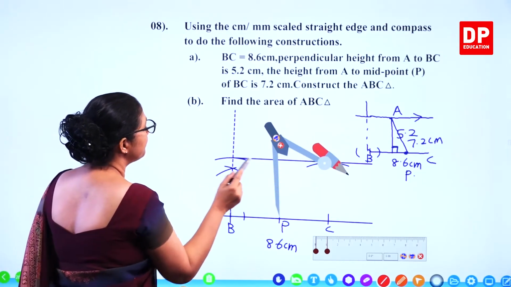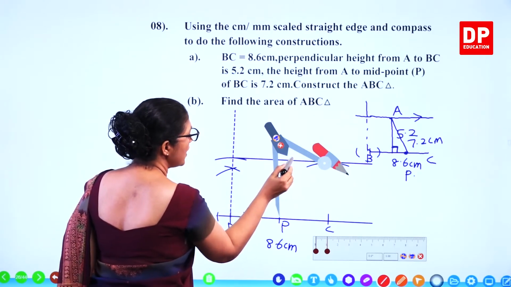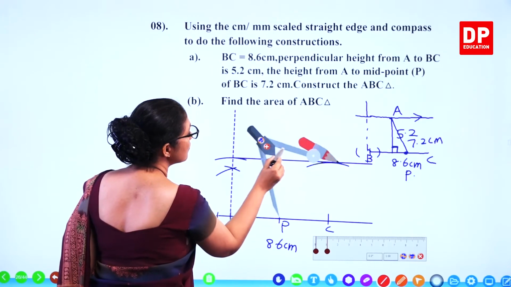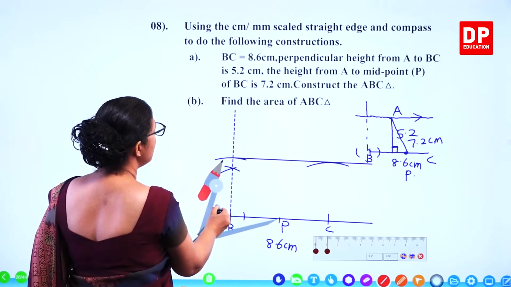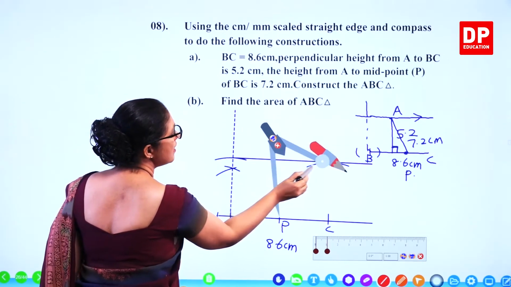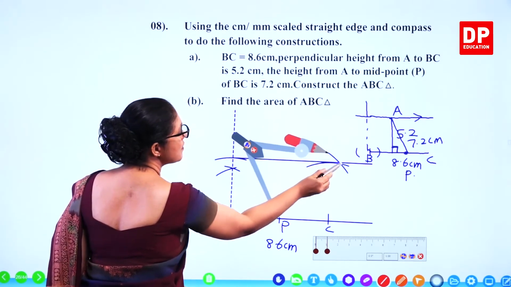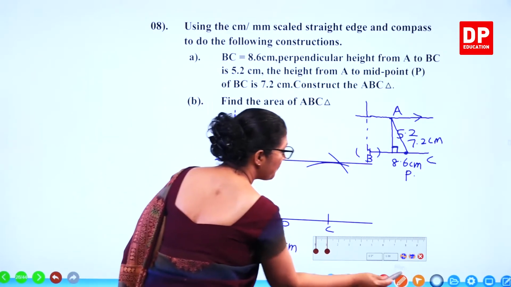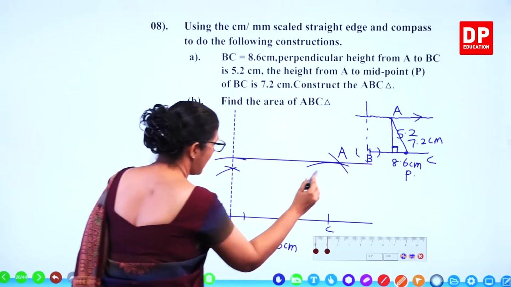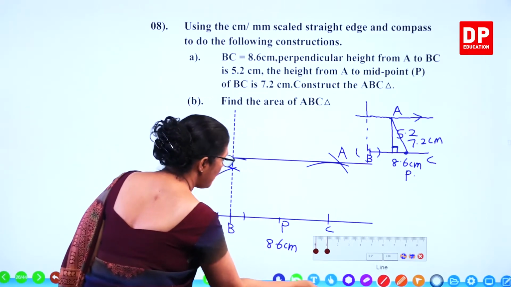So 2 points you get, here and here. We'll take 1 point, we'll take to this side. So here, this point is A. So I'll take this point A and complete the ABC triangle.